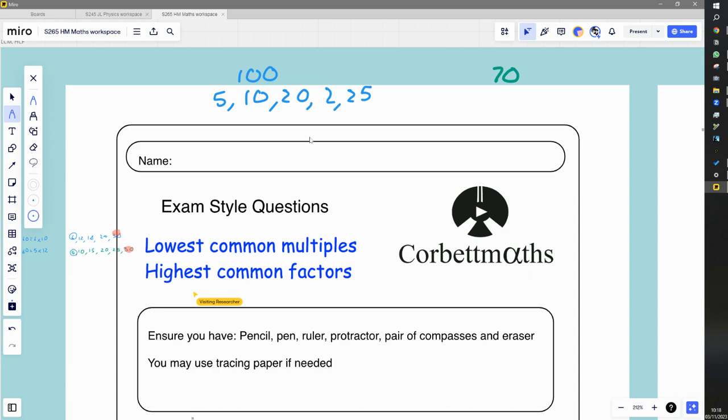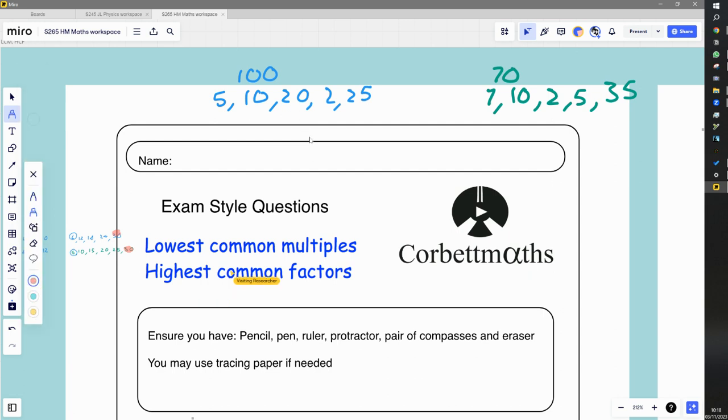Okay. 70. What can 70 be divided by? Well, it can obviously be divided by 7 and 10. It can also be divided by 2 and 5. Or 35. And maybe some others that I might potentially have missed out. But they're some of the different factors, so numbers that it can be divided by. So this word common now, what does it have in common?